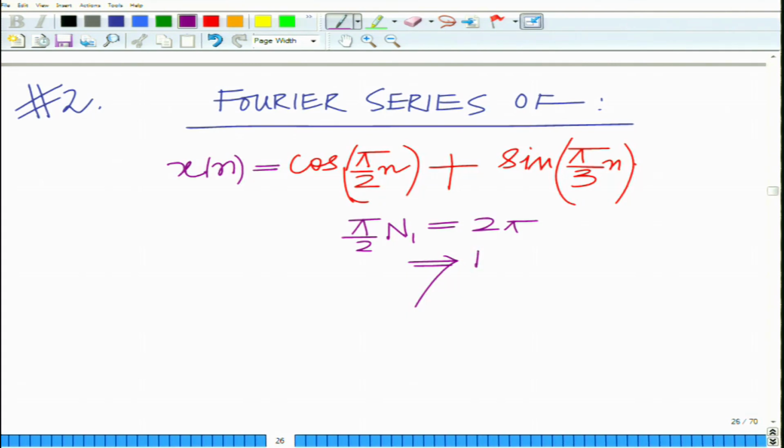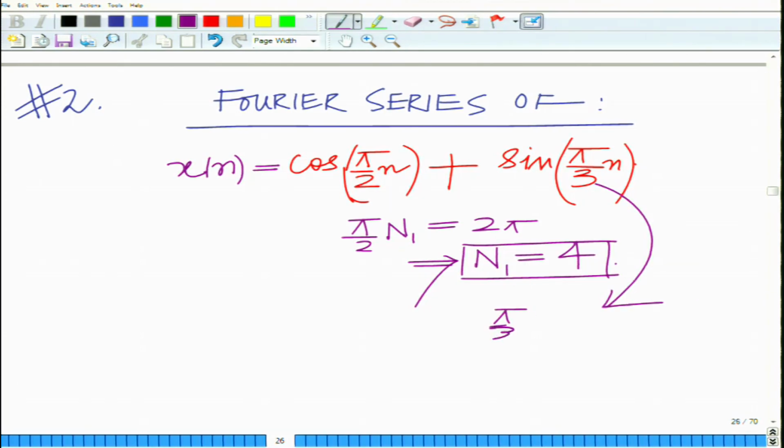So, n1 equals basically 4, that is the period of the first signal. Similarly, for the sine signal we have pi by 3 n2 equals 2 pi, which implies n2 equals 6.